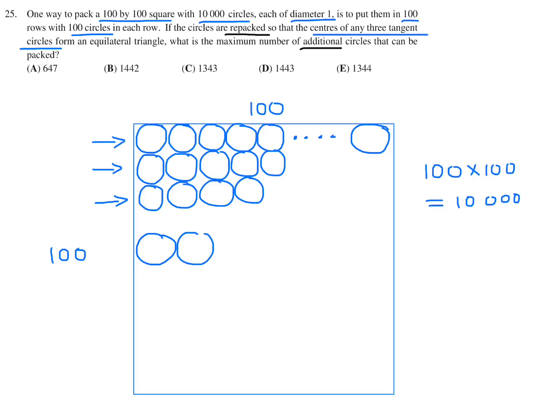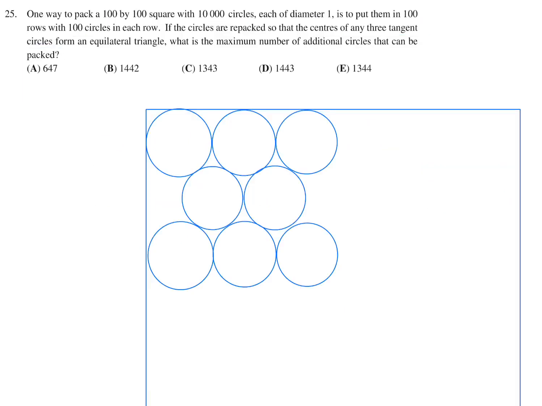One circle, two circle, and then the third one will be like this, so that they're tangent, and their centers will form an equilateral triangle like that. So let's draw it like this and see what we get. This is how they're repackaging it. So this just keeps on going.